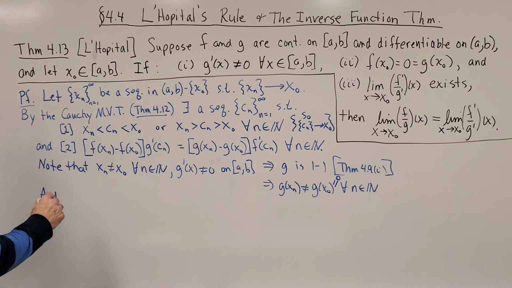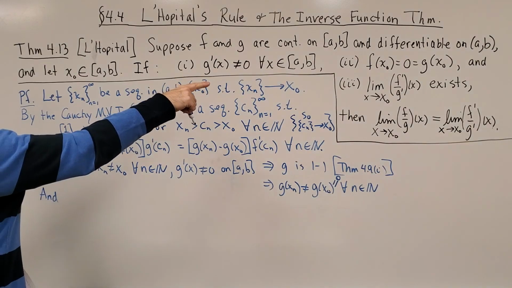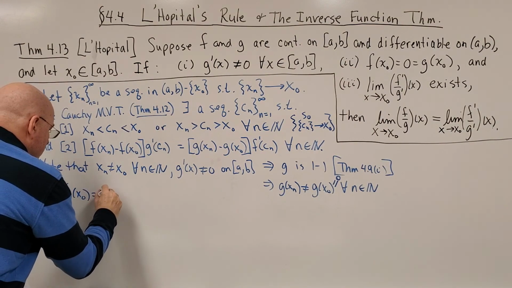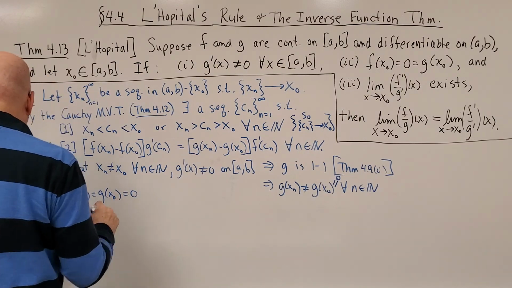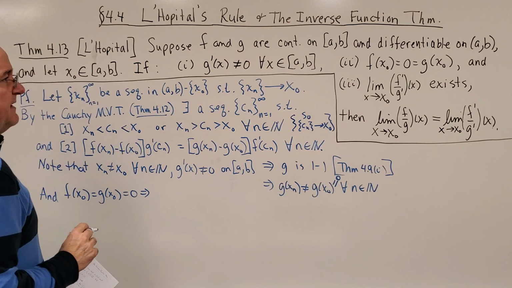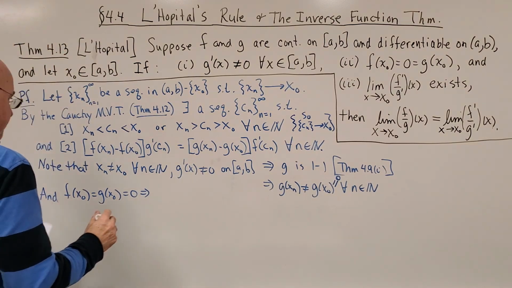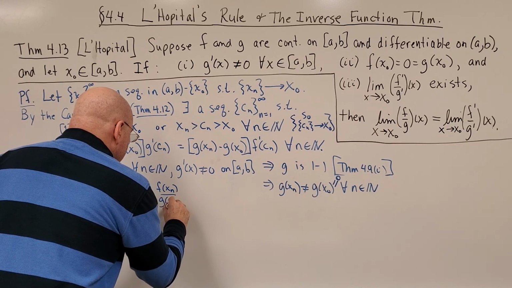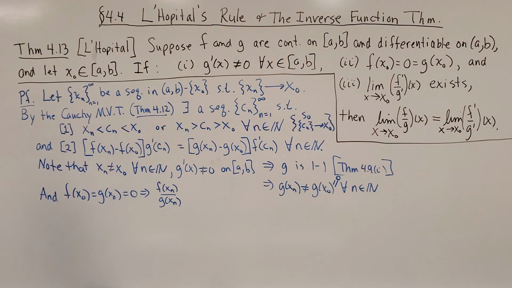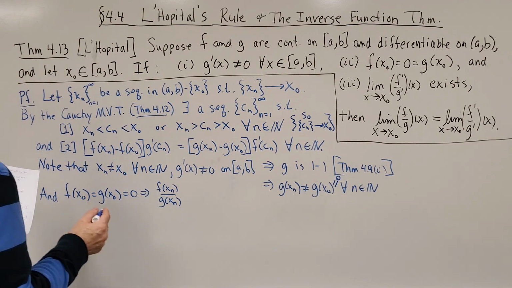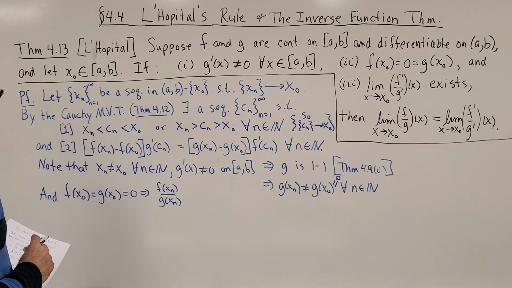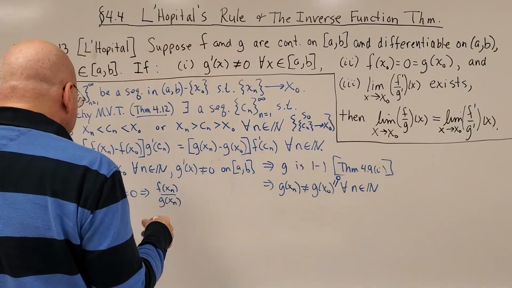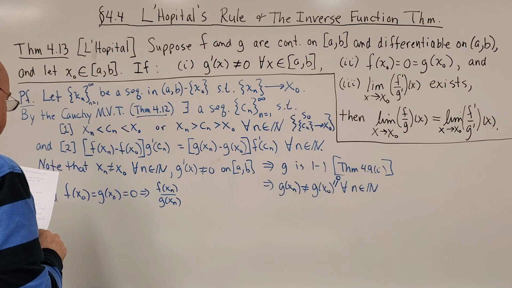All right, well, something else we know is since g of x naught and f of x naught are both 0, that implies that if I want to take something that looks like f over g, which is the nth term in the sequence, I should say f over g of xn.